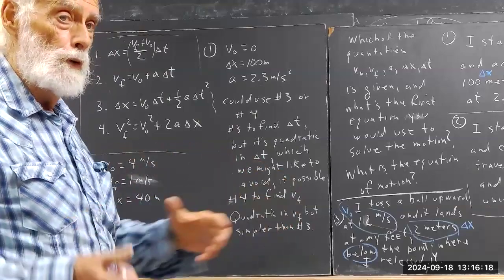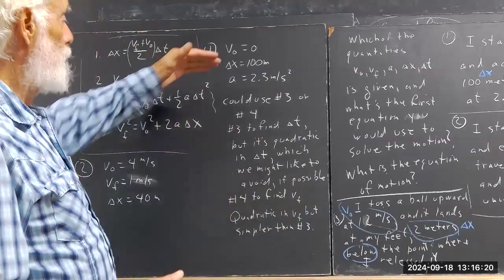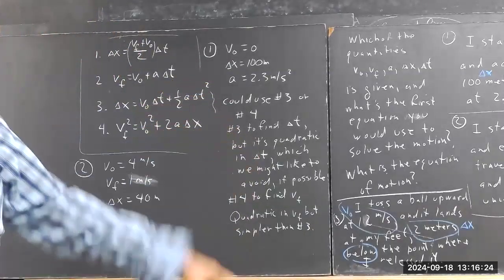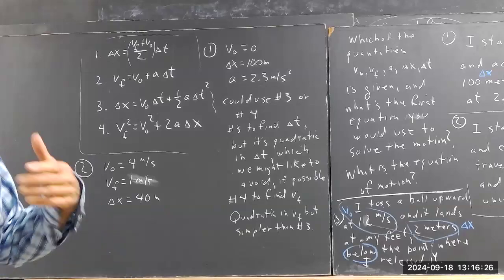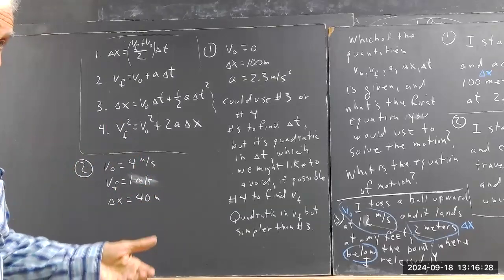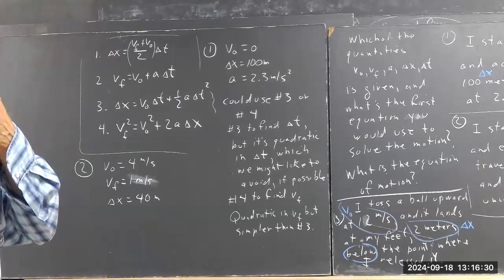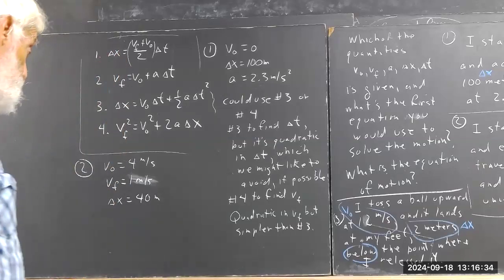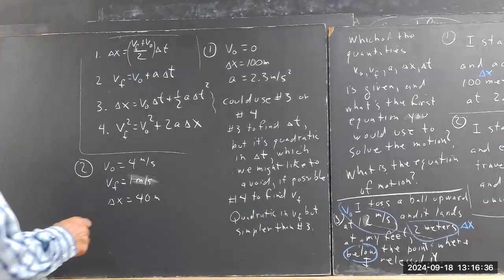You should be able to do it confining yourself to the equations, and then using a little common sense, you can easily figure out the acceleration or the average velocity for the change. Okay. So anyhow, what equation?